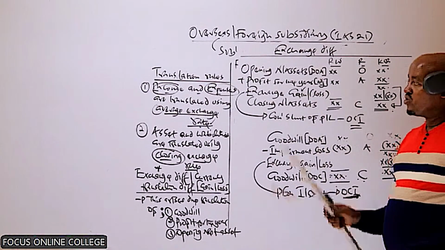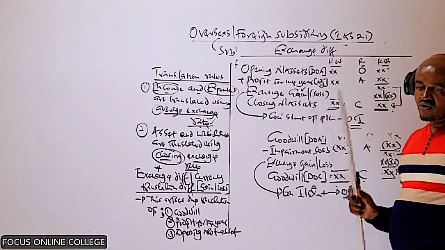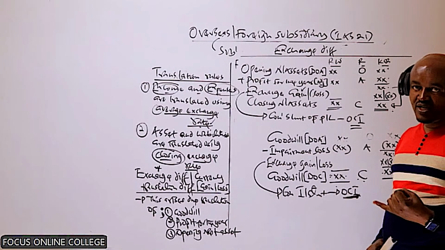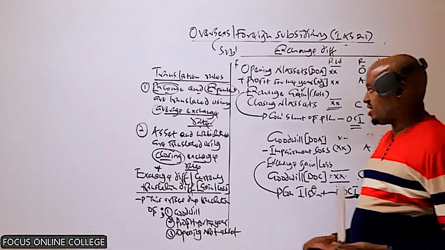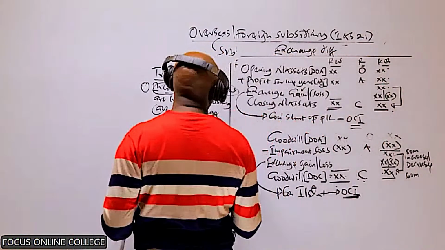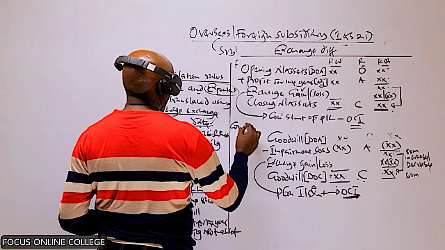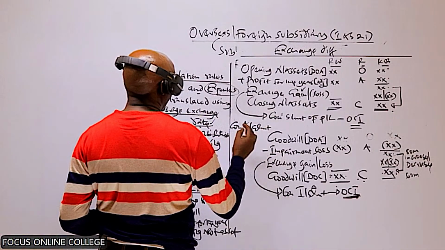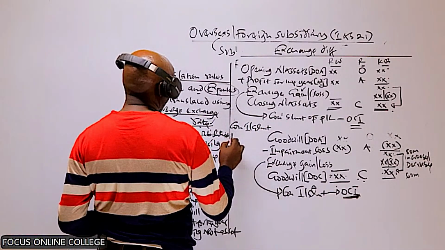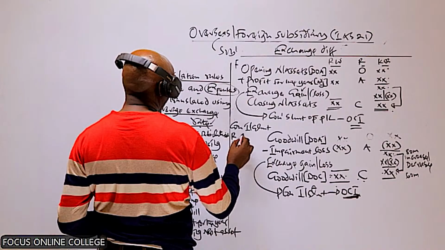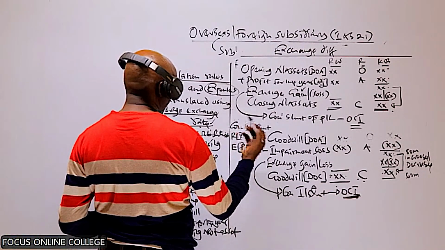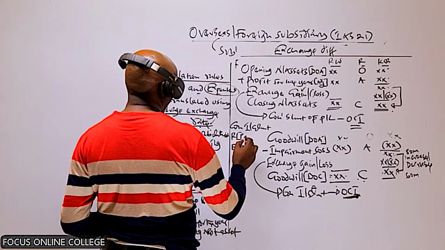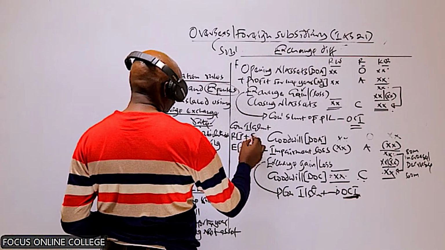Roman 2, Roman 3, you'll be required to prepare the consolidated income statement and the consolidated statement of financial position. I've said for you to prepare number 1, the consolidated income statement. When combining the revenue and expenses of the parent and that of the subsidiary, you'll take that of the parent, which is already in presentation currency, but you have to translate that of the subsidiary.